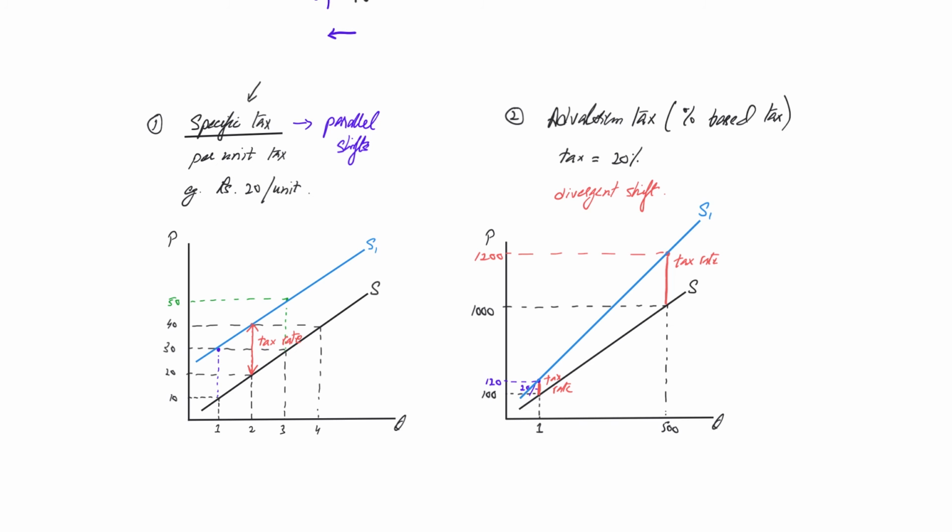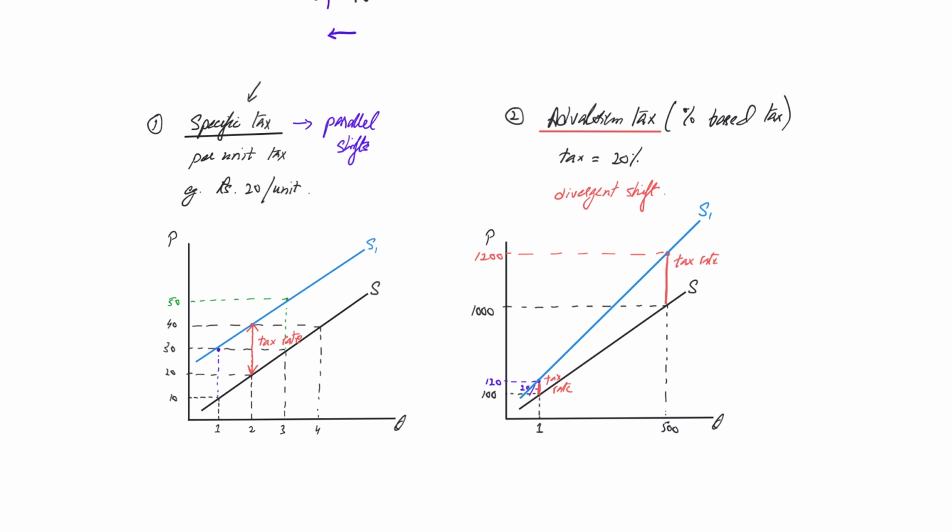Okay, so this is how we show the two taxes. An ad valorem tax, which is a percentage based tax, causes a divergent shift. The reason why is the higher the price, the greater the tax amount, and this vertical distance measures the tax amount. In this one it remains the same.